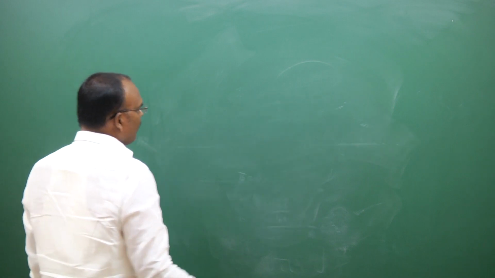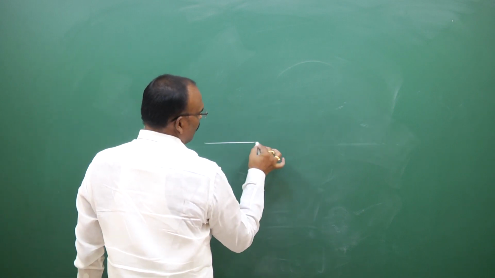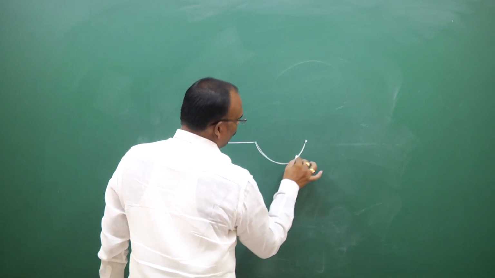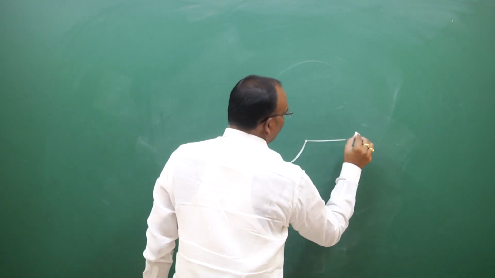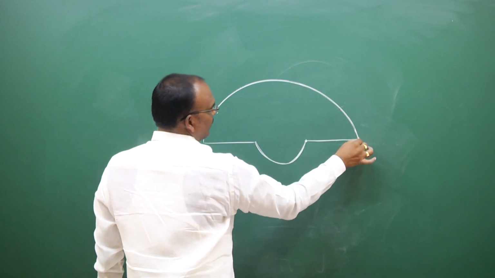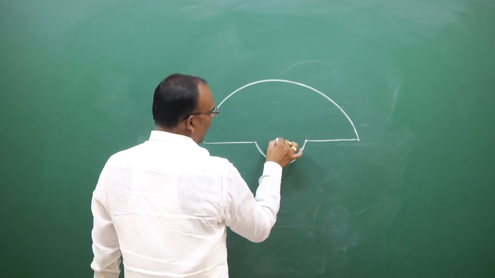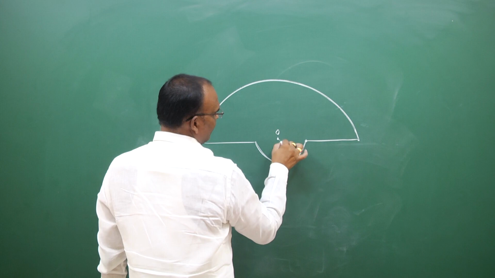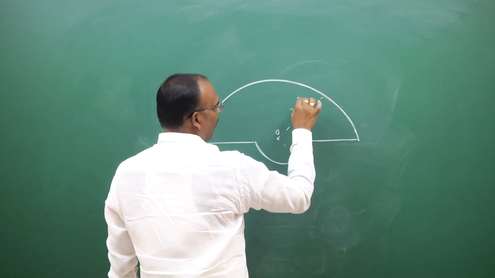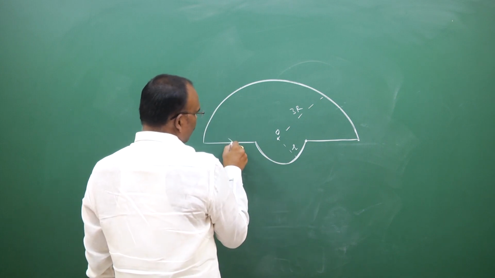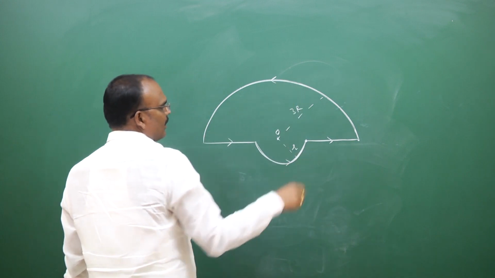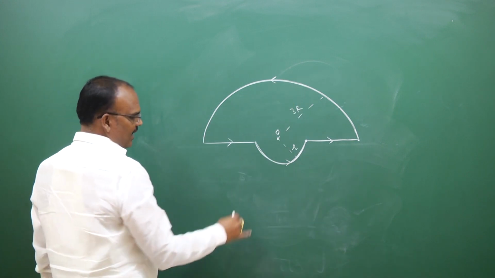The next application. So next problem will be like this. For example, this is one semicircular arc, and this is a straight conductor, and this is another semicircular arc like this. At point O they have asked, this radius is say r, this radius is say maybe 3r for example. So current is going in anti-clockwise direction. Then they'll ask you to calculate magnetic field here.